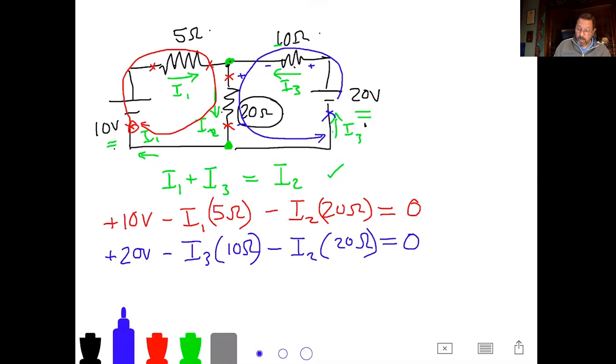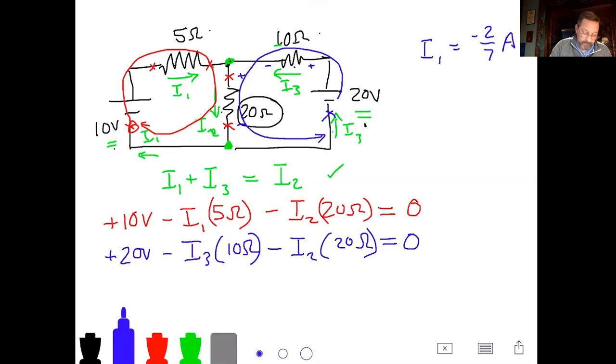Okay, great. I think we're good to go here in the sense of I have 3 independent equations. I have to figure out a way to solve them. I'm going to leave that either to your algebra or to you going to Wolfram Alpha. I think if you solve them, you'll find that I1 is equal to minus 2/7 of an amp.